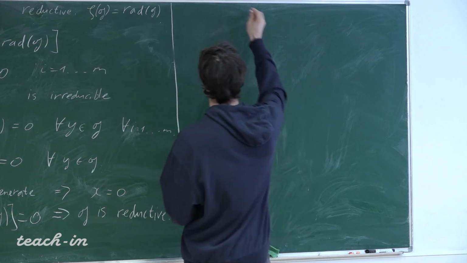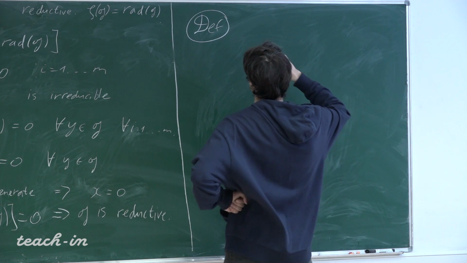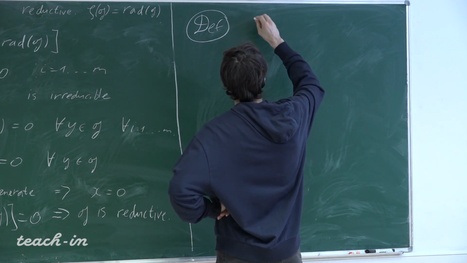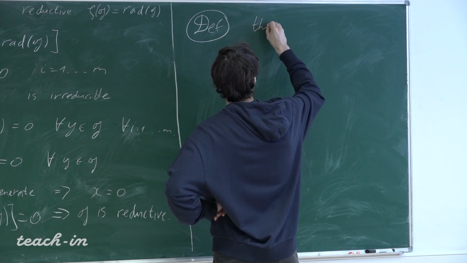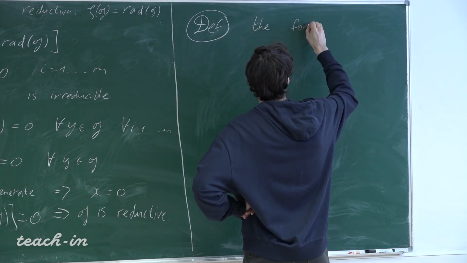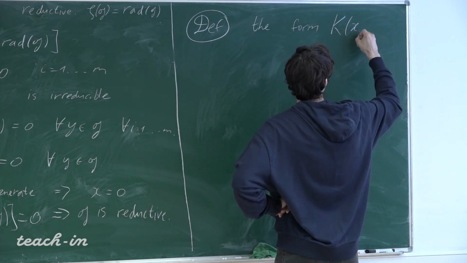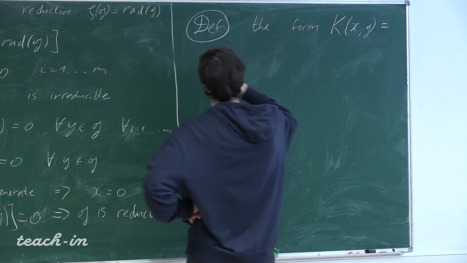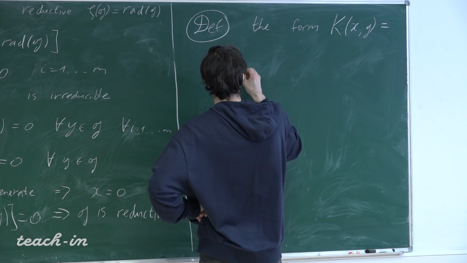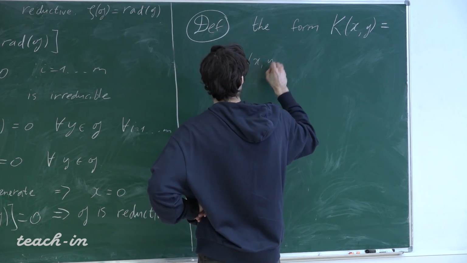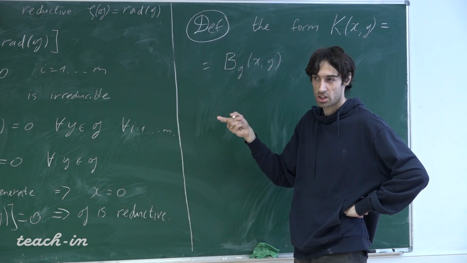So Killing form, definition. The form K of X, Y, which is B g of X, Y. So g here is a representation of g, the adjoint representation, right?